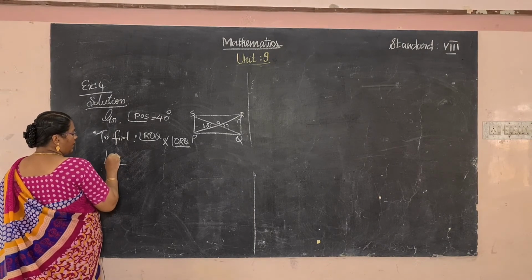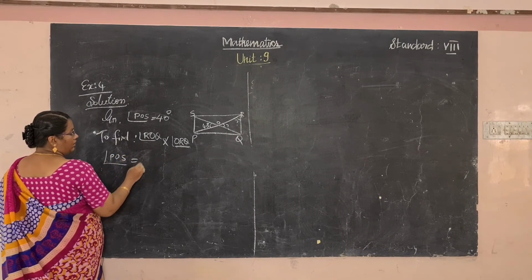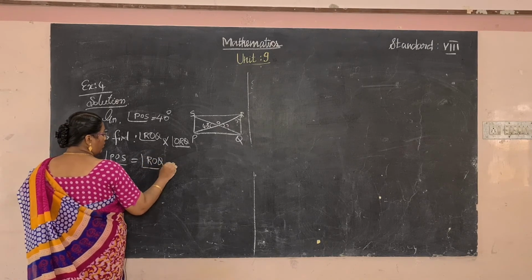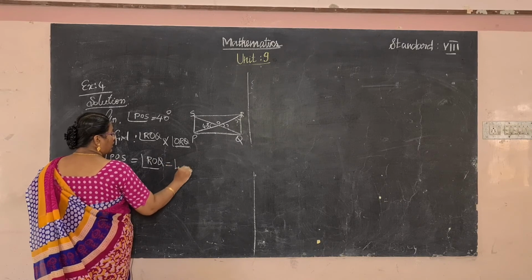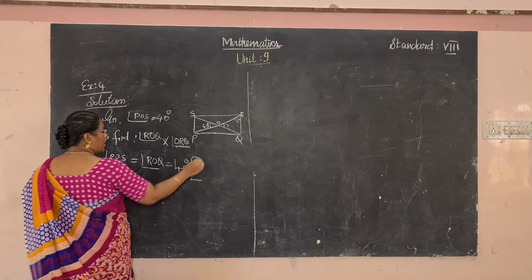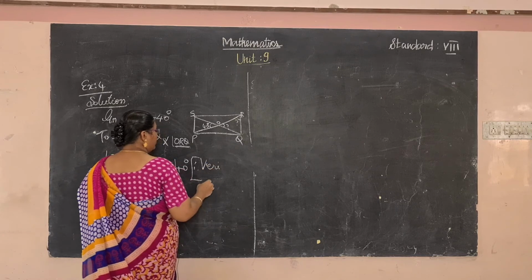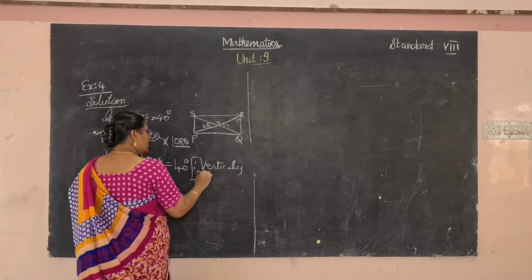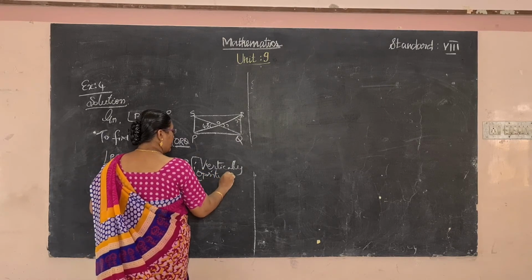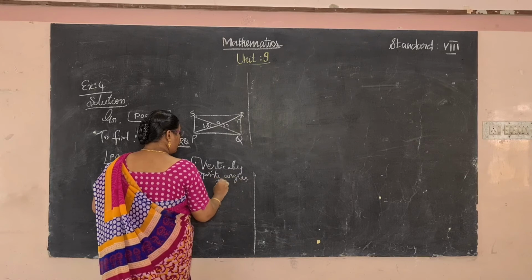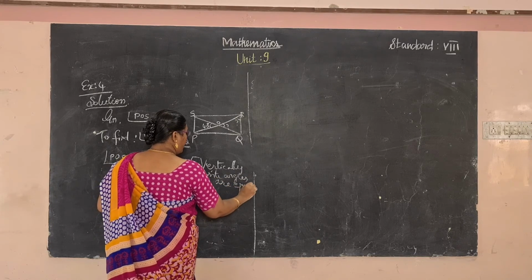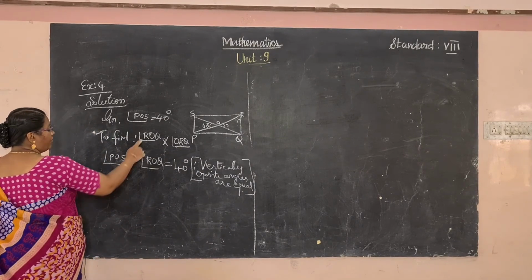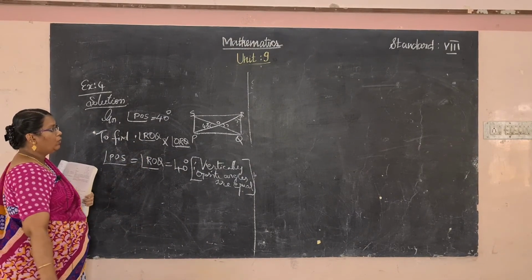The angle POS is equal to angle ROQ, which is equal to 40 degrees, since vertically opposite angles are equal. So we have found the value of the angle ROQ.